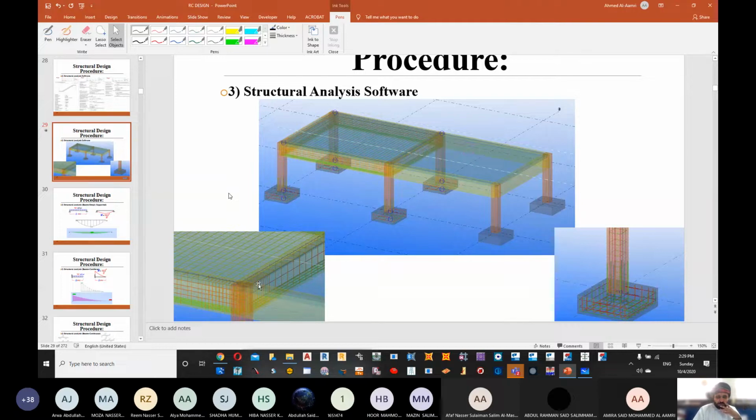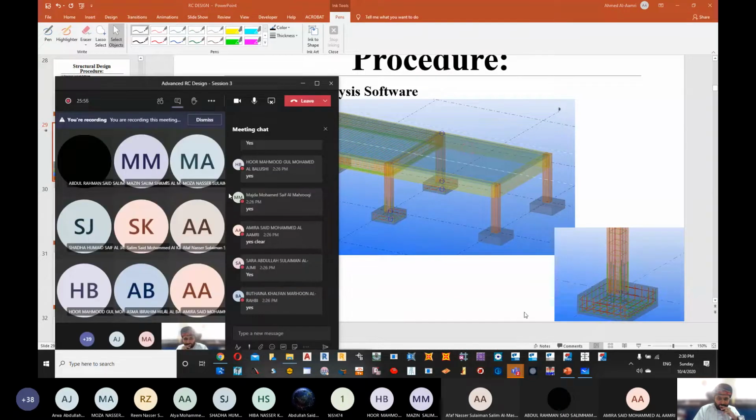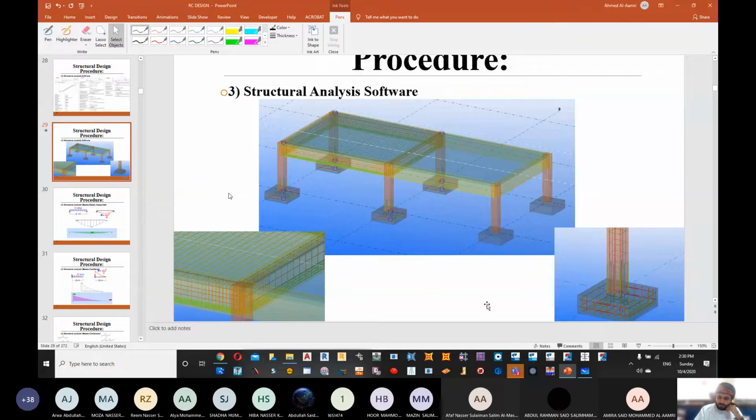So Tekla Structures is going to allow you to understand how the reinforcement will look for any structural element. These are the main software that we are going to tackle. There might be a few more, and we are going to see them hopefully when we solve our own problems.